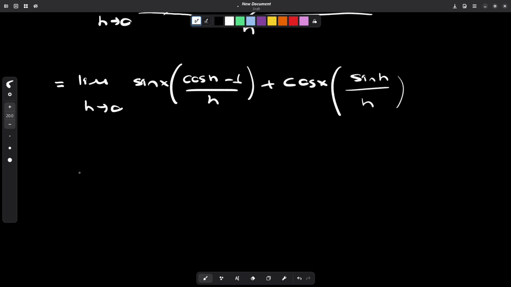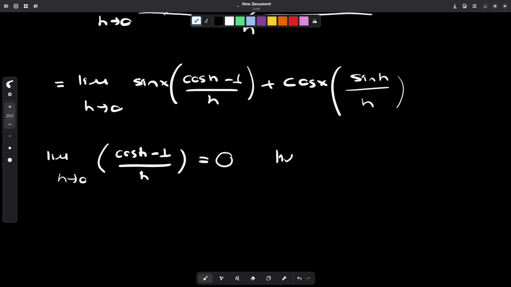I had two special limits. There are a lot of methods to prove these limits, but we will not do those proofs in this video. You can check them out. This special limit, cosine h minus 1 over h, is equal to 0. We learned this in our special trigonometric limits video. Sine h over h, this limit is equal to 1.